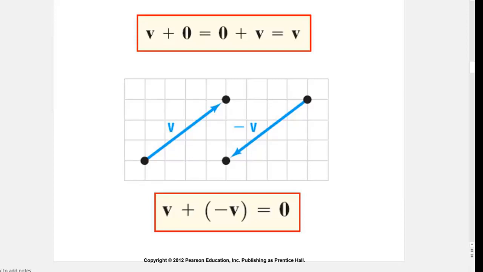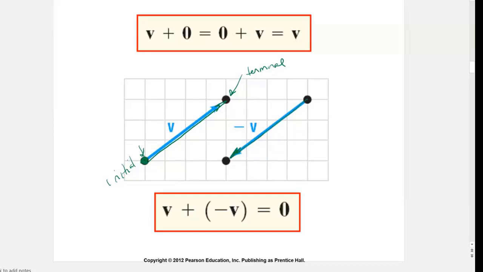But what's really important is that if this is V, and here is my initial point and here is my terminal point, then negative V has the same magnitude in the exact opposite direction, like 180 degrees opposite.